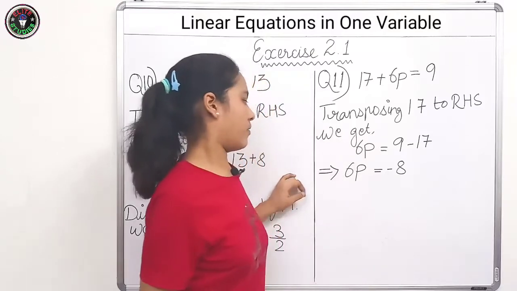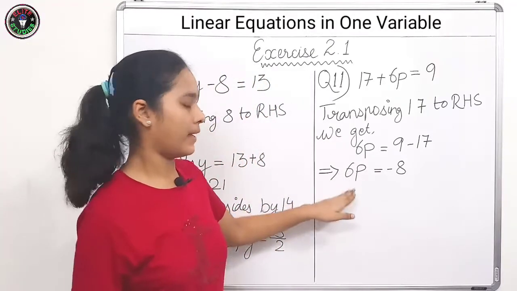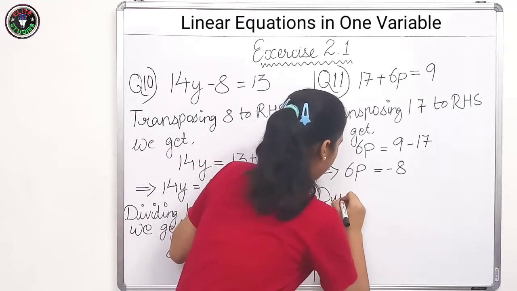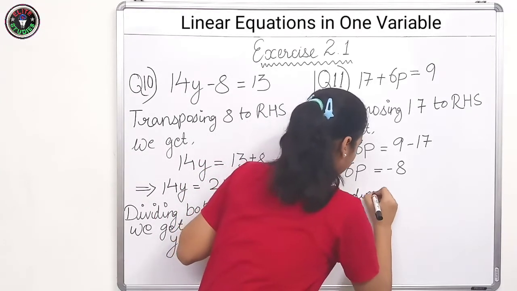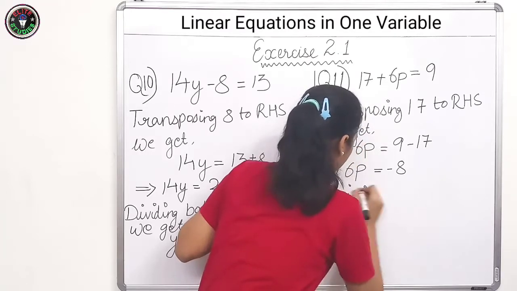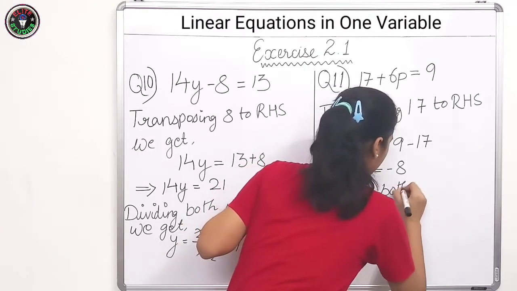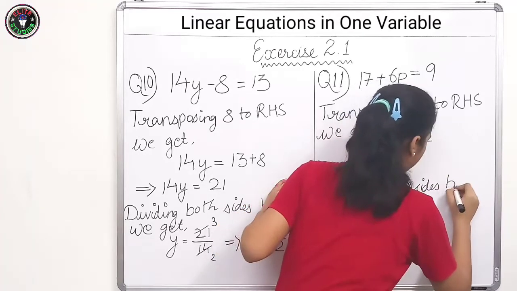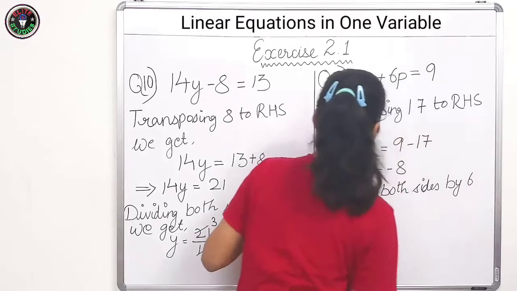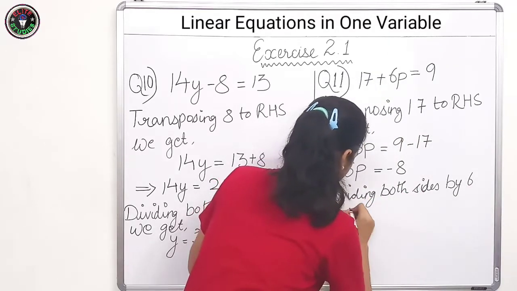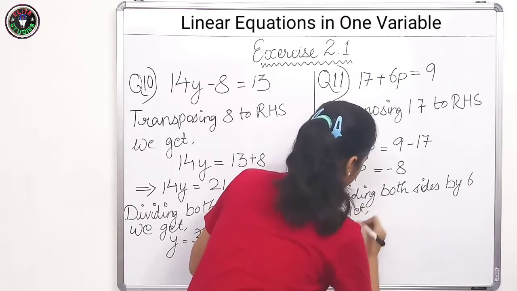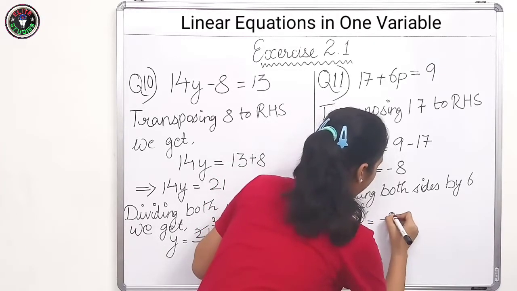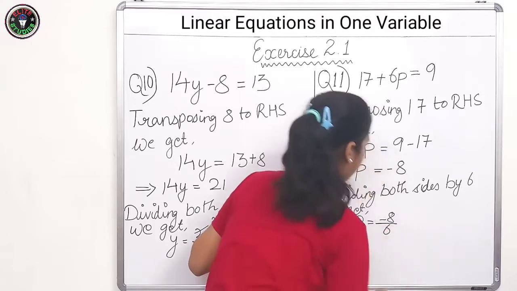Now we need to get rid of this 6 to have only p in our LHS. Dividing both sides by 6, we get p is equal to minus 8 by 6.